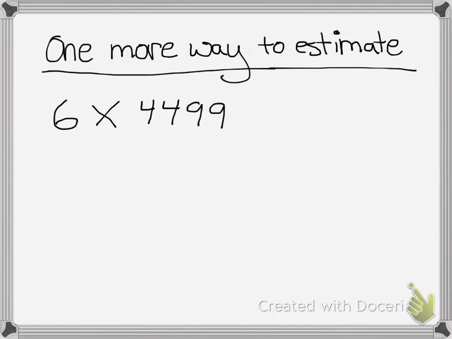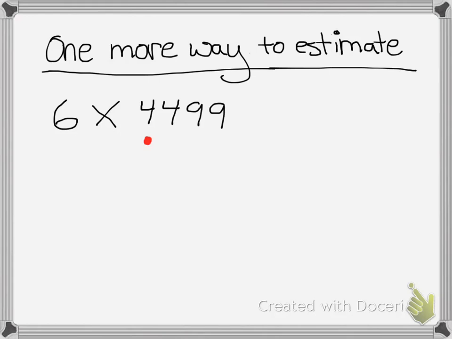Again, we're going to focus on the front end number of the greater number and round. But this time we're going to round it two different ways. One way is going to ignore our rule for rounding, so bear with me on this one. I'll round it the way we normally do.